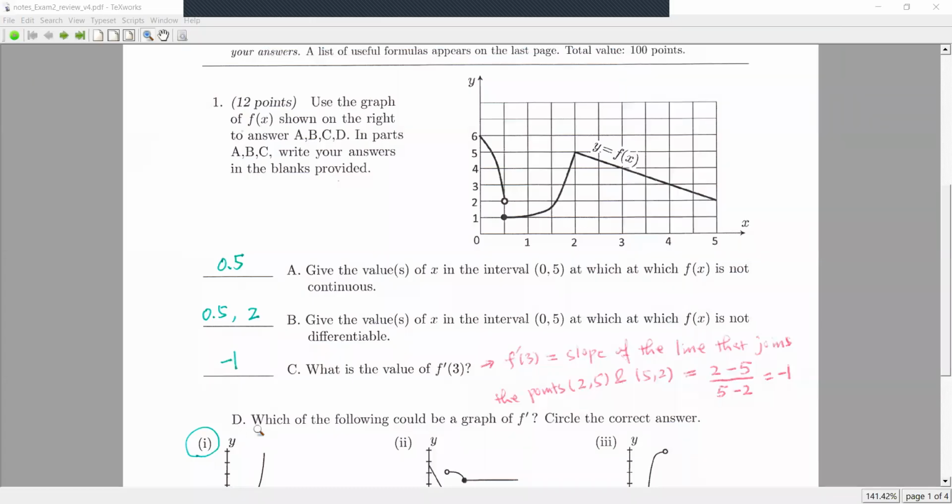Question D. Which of the following could be a graph of the derivative of f? Consider this portion of the graph of function f. About this portion, if we draw tangent lines, then we will see that all the tangent lines have negative slopes.